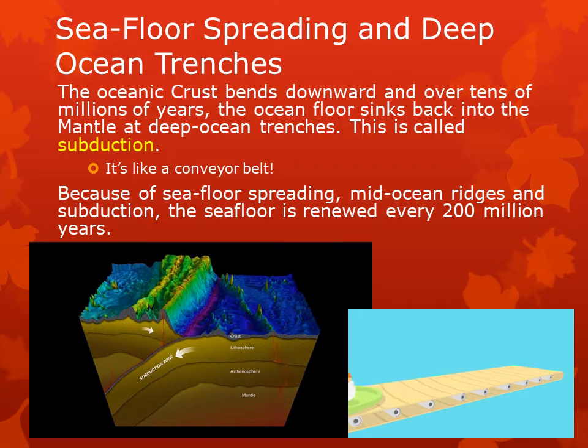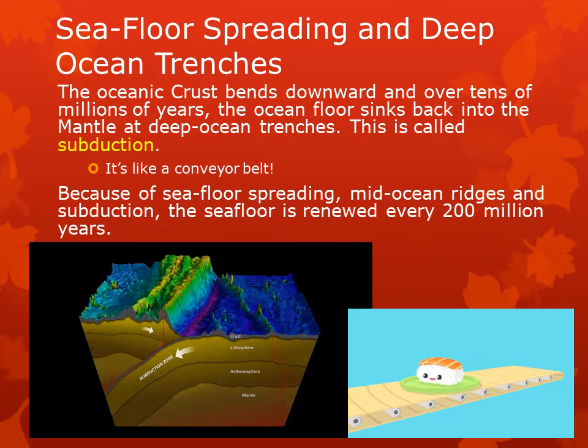All right, where that rock is again melted and reused, and the process repeats again and again and again. Now, because of seafloor spreading, because of mid-ocean ridges, and because of subduction, the seafloor is renewed, right? It's made new every 200 million years.